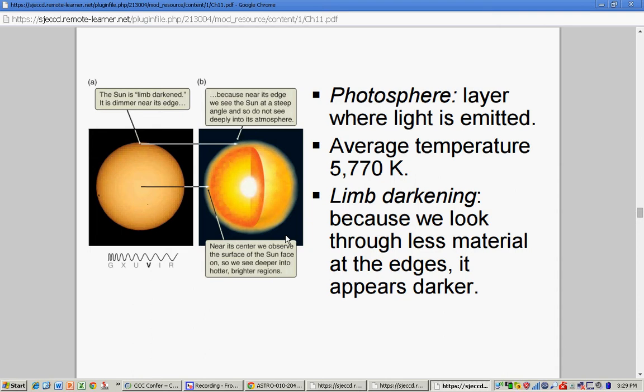So helioseismology is pretty much that. It is a tool, but also a new branch of science.